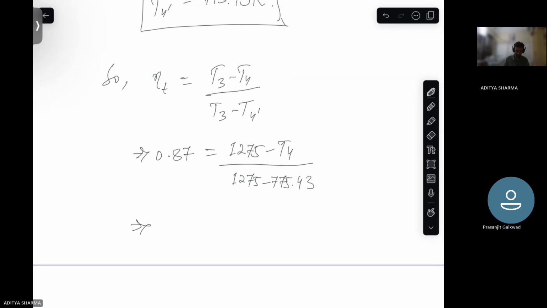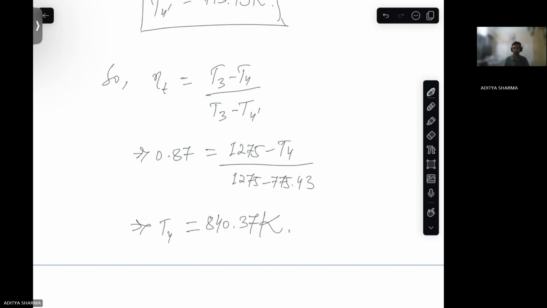Implies T4 is, if you work this out, so I am straight away giving you the answer. I have already worked this out. This is 840.37 Kelvin. Right?